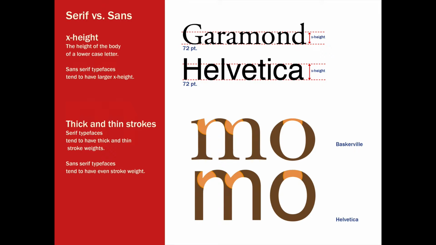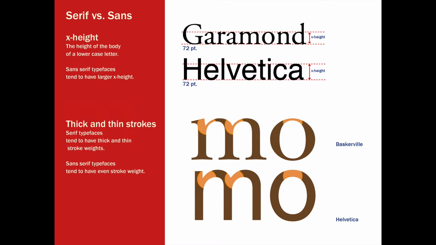When you look at serif and sans serif typefaces to develop your artistic eye, you'll notice immediately some differences besides the presence and absence of serifs. One would be that the body of sans serif letters tends to be larger. And the size of the body of a letter, which is the height of a lowercase letter, is called the x-height.